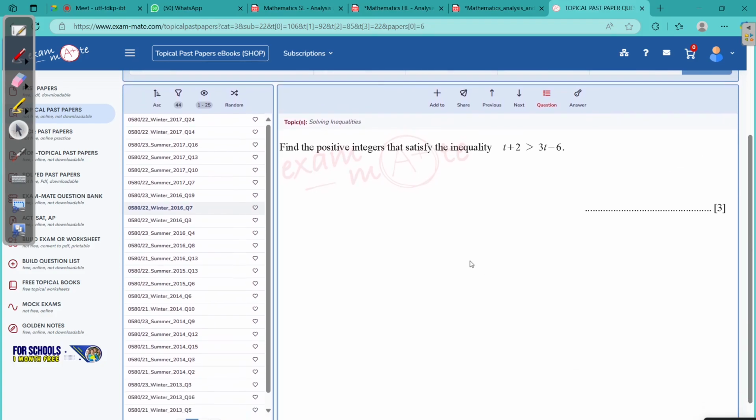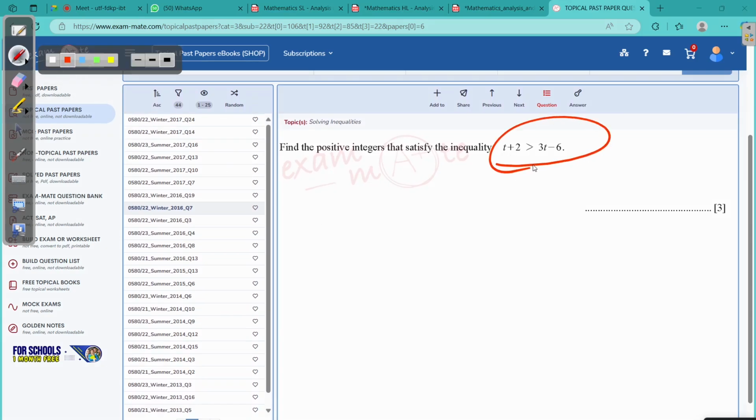Please solve. So t plus 2, and then you do this, and then 3t minus 6. So I have to find possible integers that satisfy the inequality. Okay, this is easy enough. So 2t, 6, so then you do 8.